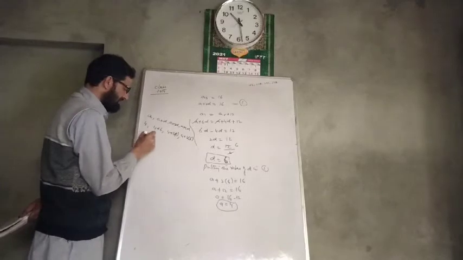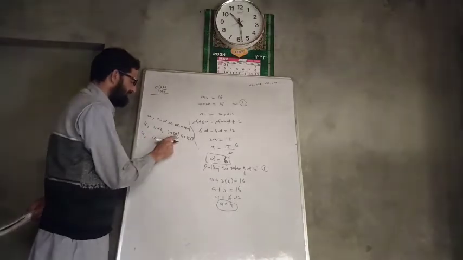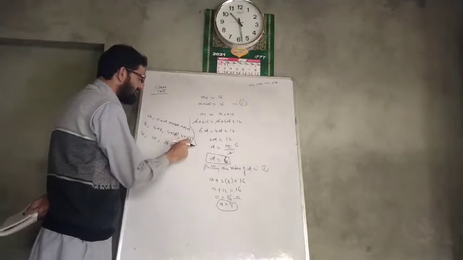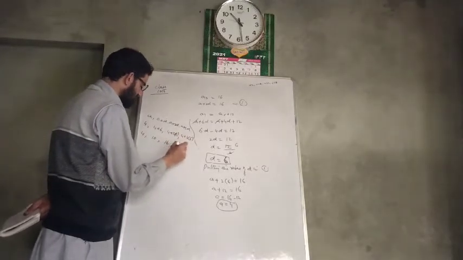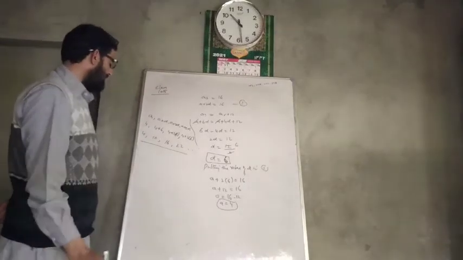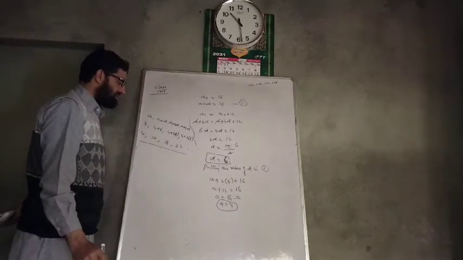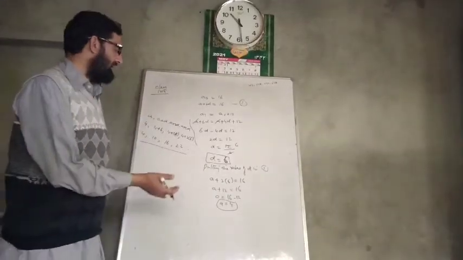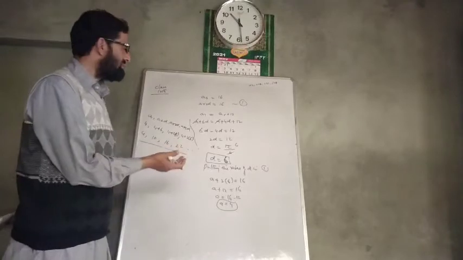So this is 4, this is 10, 6 twos are 12, 12 plus 4 is 16, 6 threes are 18, 18 plus 4 is 22. This is our AP: 4, 10, 16, 22. So once you know A and D, you can form an AP. This is so simple.